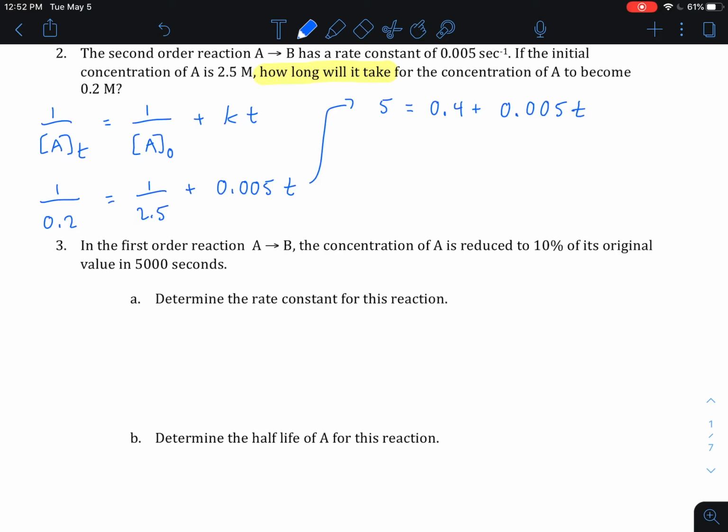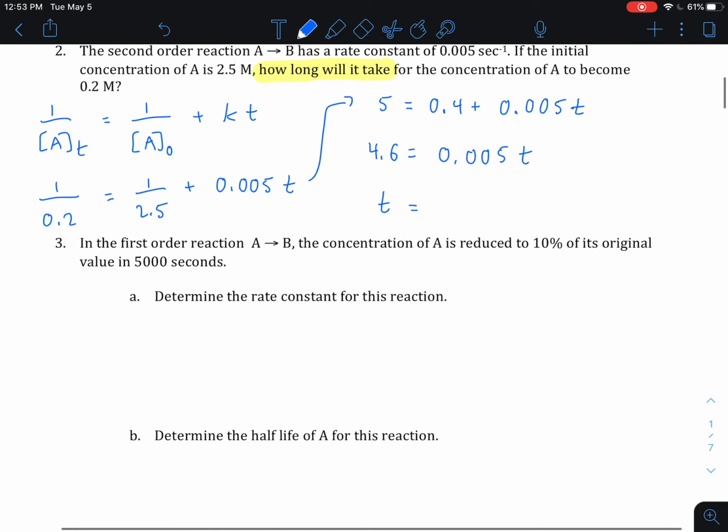Oops, I messed that up, there should be a plus sign, right? So that becomes 4.6 equals 0.005 t. So then dividing both sides by 0.005, we find out that t equals 920 seconds.